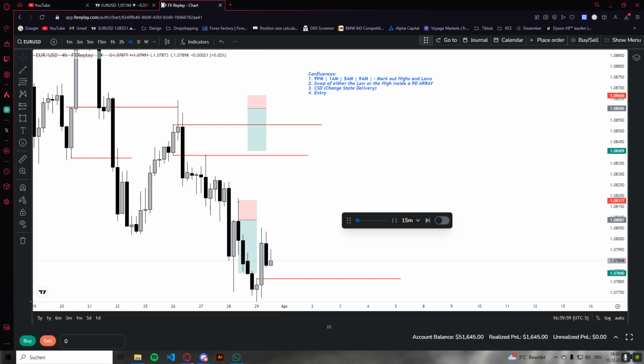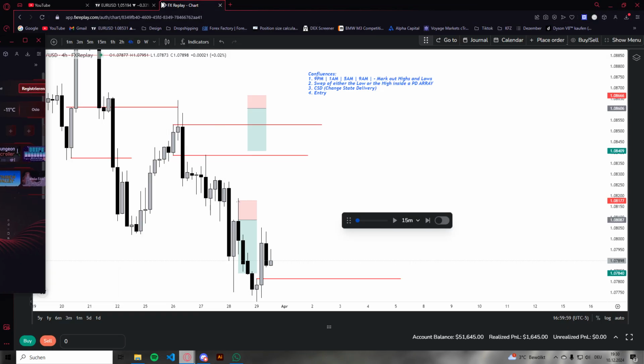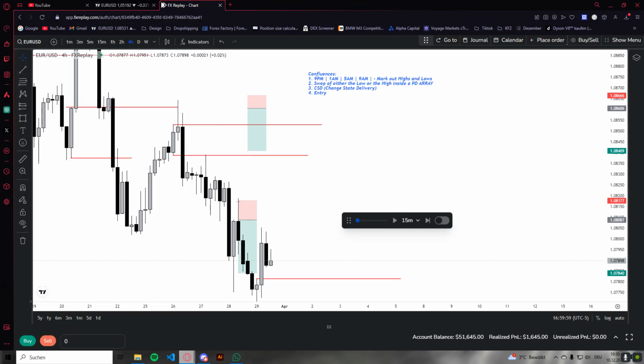What I backtested for my own journal, on the CRT journal that I had, for the year 2024, the month March. I'll let you know all the trades I took, okay.